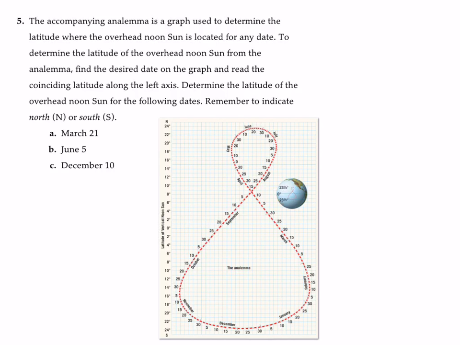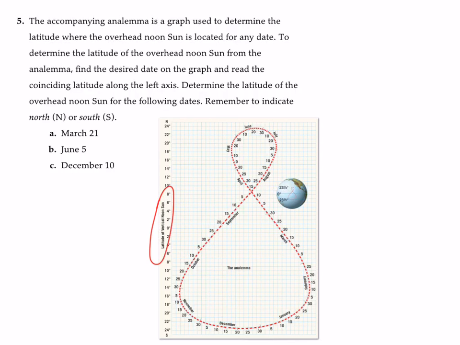Let's read the question. According to this graph, we should be able to determine the latitude of the vertical noontime sun at any date.